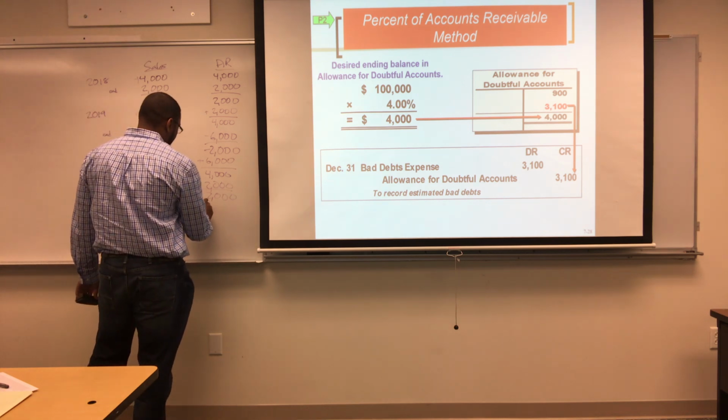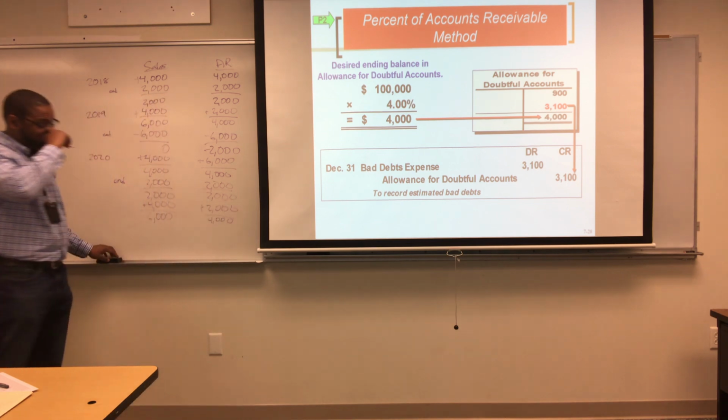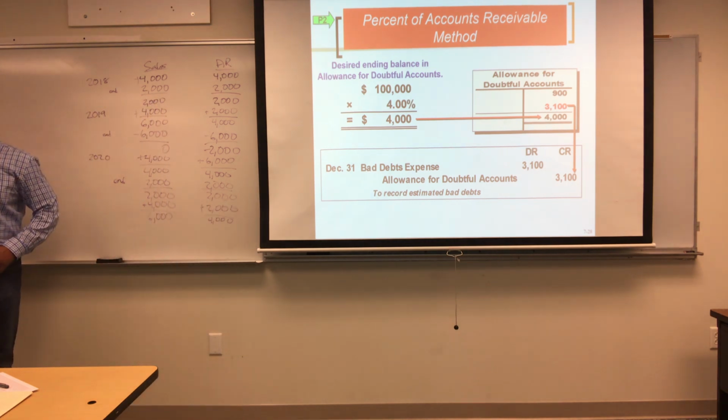Remember, they're just trying to get to $4,000, so they're just going to add 2,000. Here's where having an excellent accountant can help. Let's say while this is going on, this is 2021.